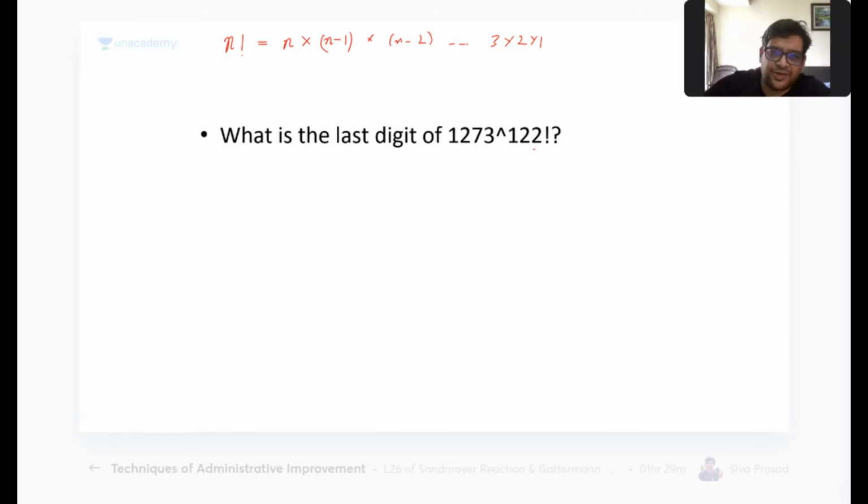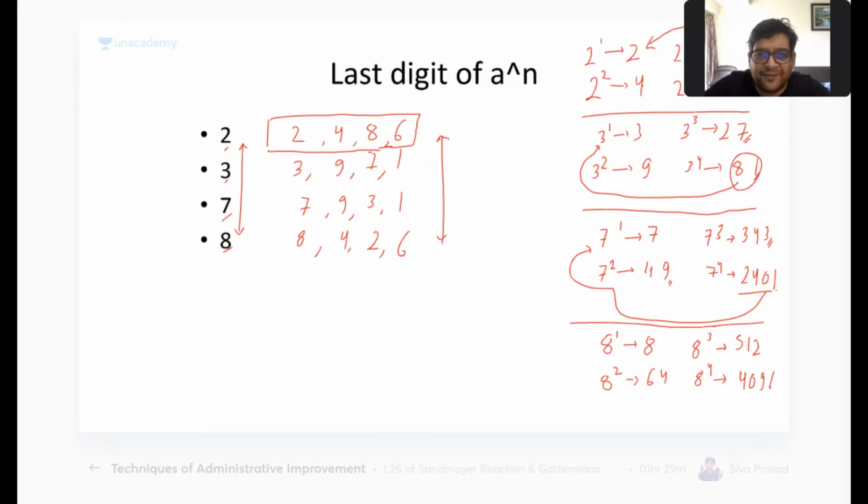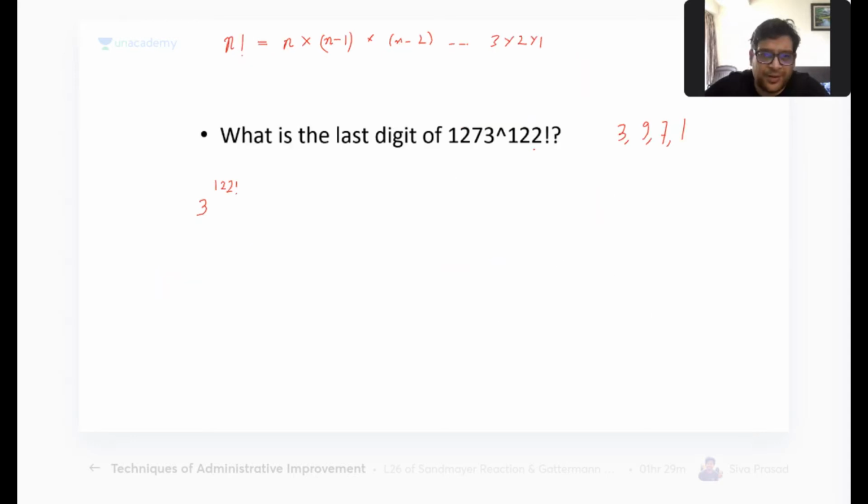See, Kishore, the first thing that you should realize is that this question is of the format 3 to the power of 122 factorial. So if it is 3 to the power of something, then your answer can only be 3 or 9 or 7 or 1. You remember the cycle that we had obtained for 3: 3, 9, 7, 1. So this is the only possibility, nothing else is possible.